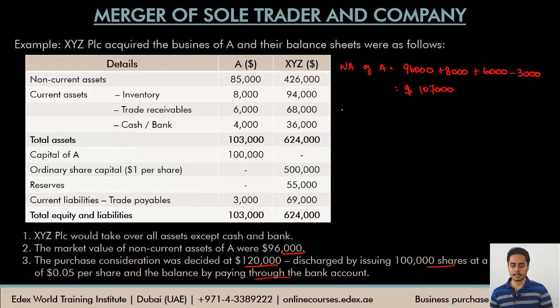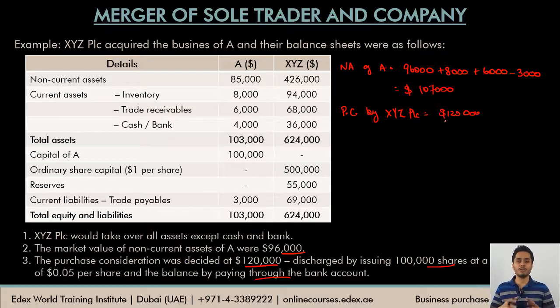The purchase consideration paid by XYZ PLC is directly given in this question, which is 120,000. So understand that if XYZ PLC is gaining net assets worth 107,000, why is it paying the sole trader A 120,000? It is paying $13,000 extra. Why?